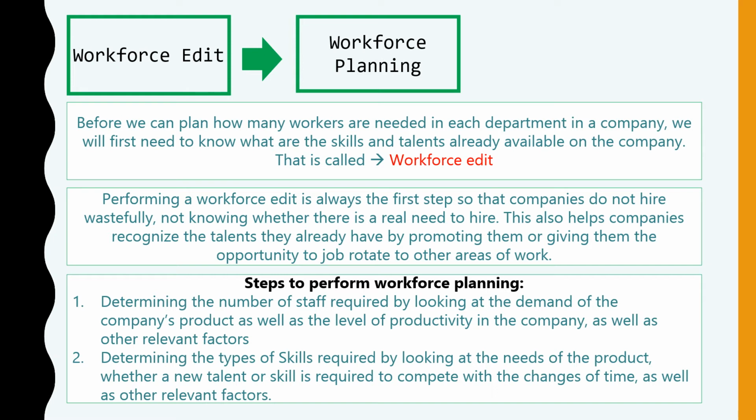Determining the types of skills required by looking at the need of the product, whether a new talent or skills are required because of the development of a new product, where you need someone with new skills. So these are all the factors that will determine the type of skills or the type of persons and the number of positions to look out for. So basically that's how workforce planning is done.